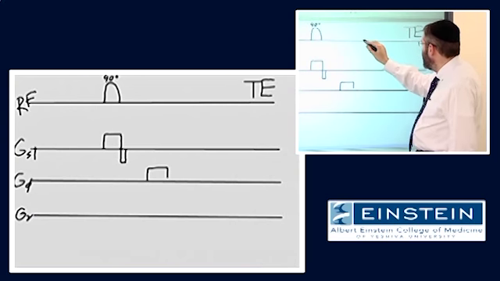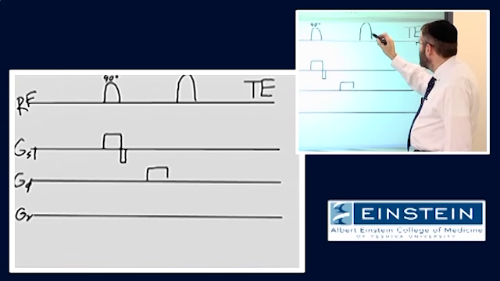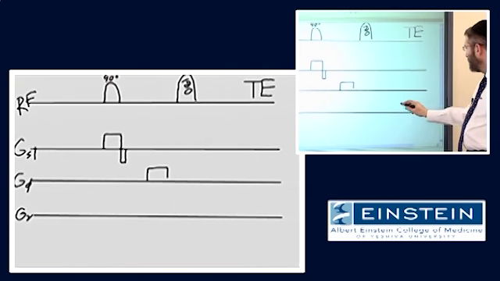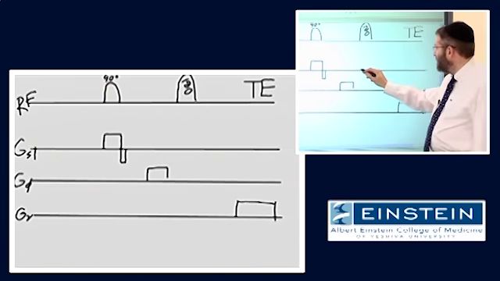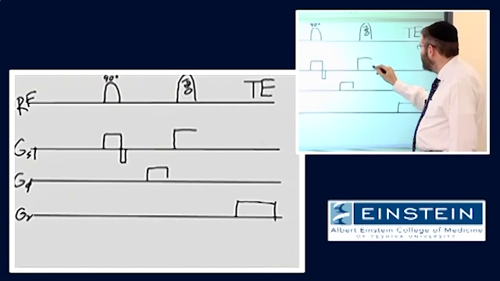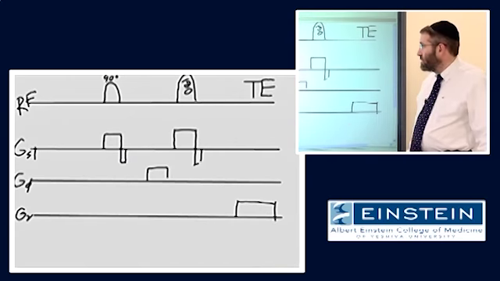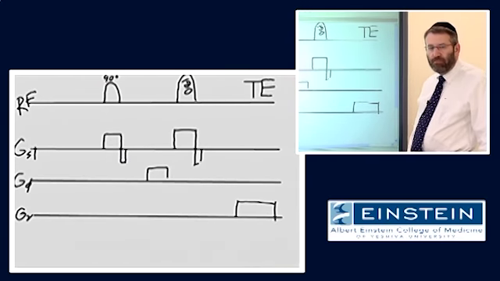And in between the 90 and TE, we would turn on a 180 degree RF pulse. Sorry? And that would be slice selective. Thank you. Right. Okay. So this is a spin echo pulse sequence.